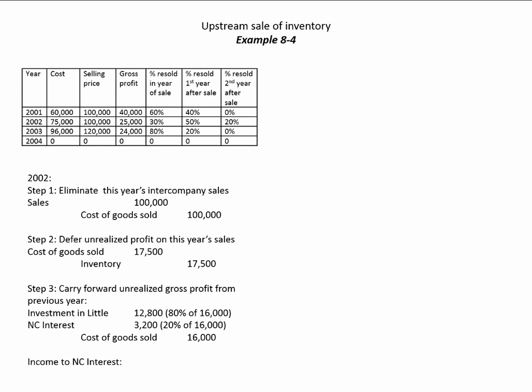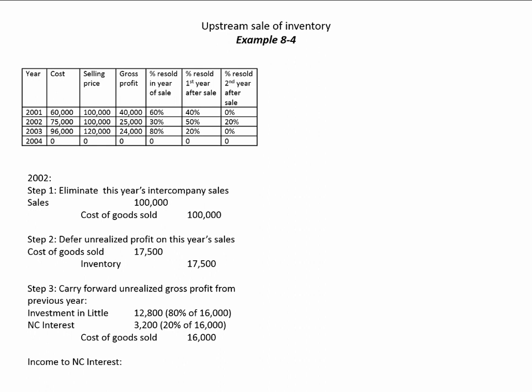Finally, the income to the non-controlling shareholders. Again, we look at those 3 elimination entries and ask ourselves, how did those 3 entries affect the earnings from the subsidiary? Again, we're going to start with 20% of the subsidiary's reported $100,000. The first entry has no effect on earnings. The second entry, we have a $17,500 debit to cost of goods sold that reduces our income by $17,500.